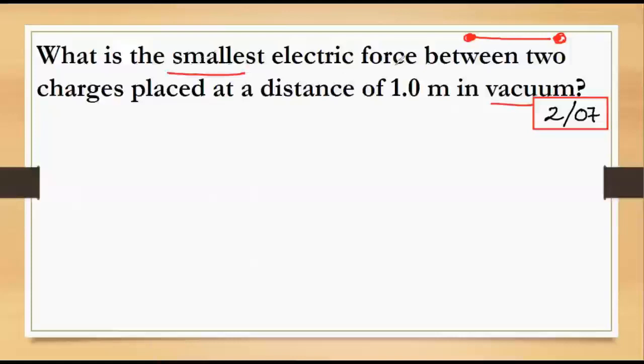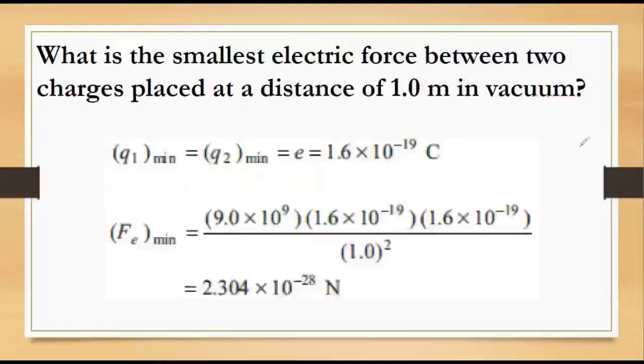Because we cannot get a charge which is less than the charge of the electron. That is the quanta of charge actually. The charge cannot be less than this. So we have to put the value of the electron charge for both. Q1 and Q2 should be minimum only.